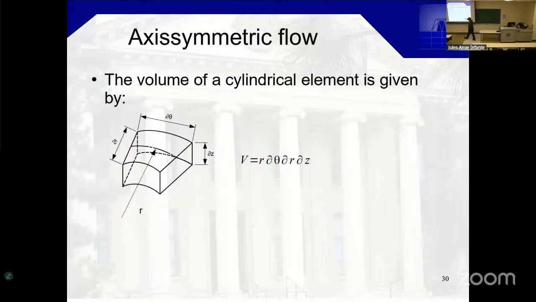The length of the arc is R d theta, and the width is dr. And of course, the height being dz, if z is our elevation. Okay, so we have R d theta dr dz. And usually those elements will always be vertical, okay?